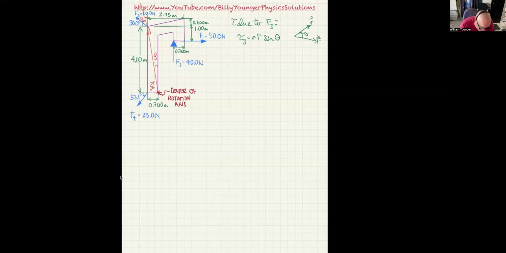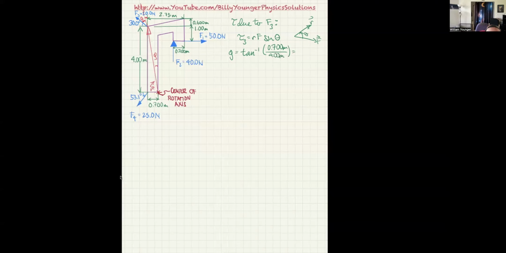First off, I'm going to find out what the angle phi is. And the angle phi, we can see clearly moves to the left by an amount 0.70, and it clearly moves up by an amount 4.00. So the tangent inverse of the opposite side, which is the 0.7 meters, divided by the adjacent side, which is the 4.00 meters.